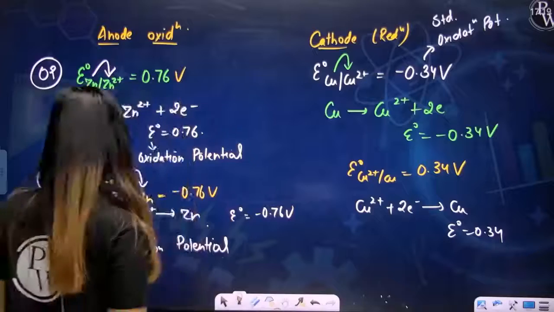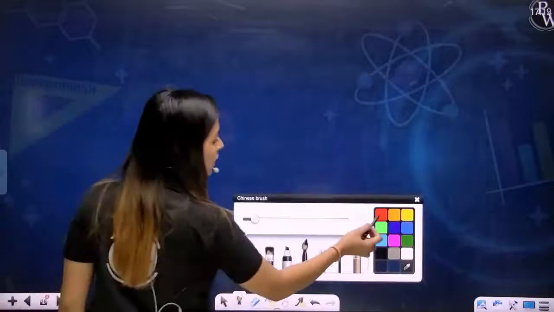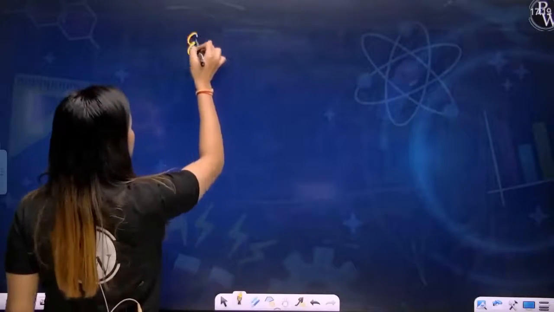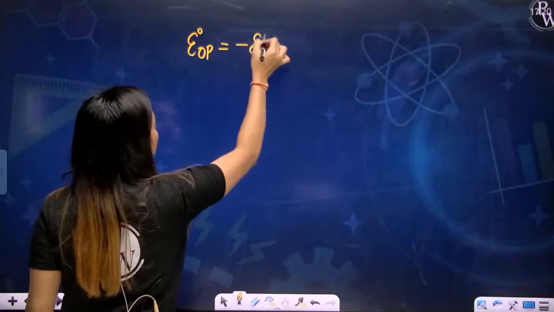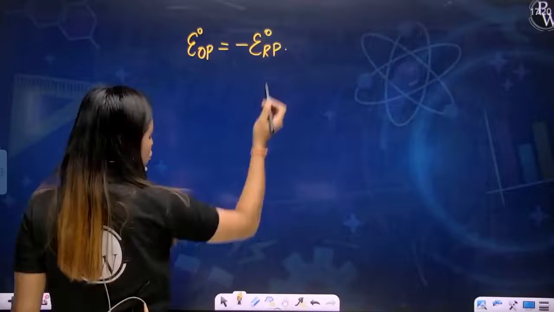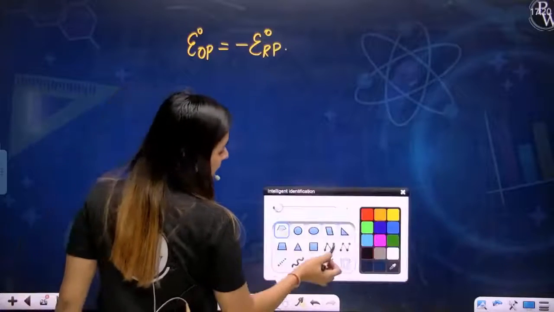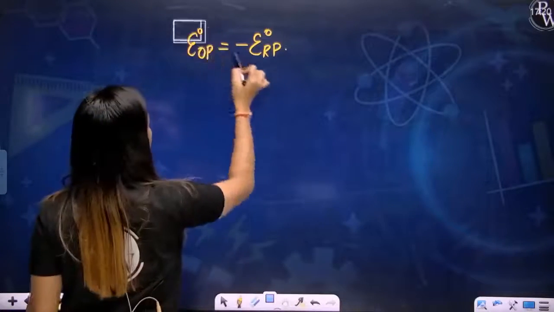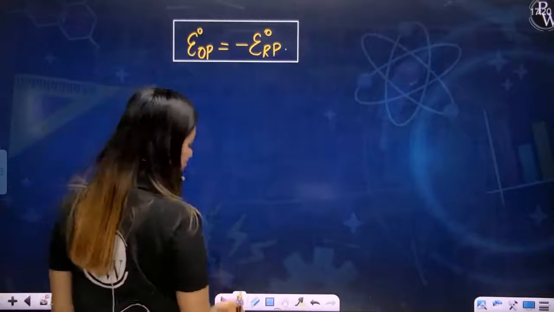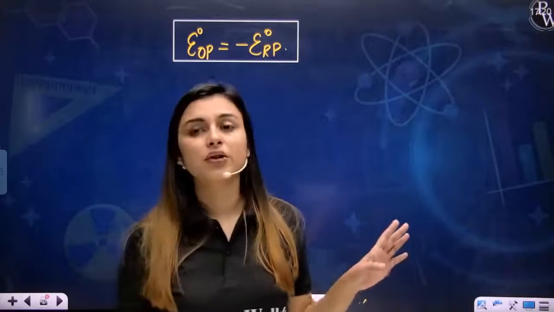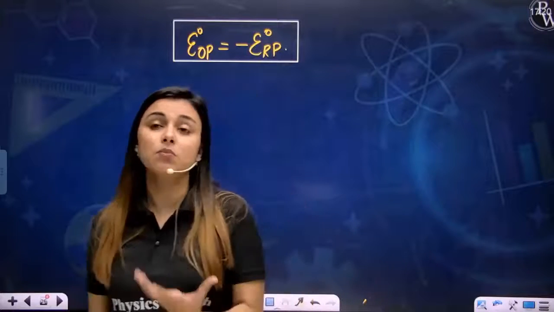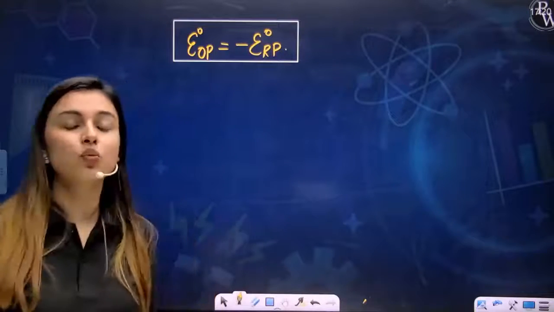From here, you have deduced a very important thing, that standard oxidation potential is always equal to the negative of reduction potential. So if you know any species' oxidation potential, you can find its reduction potential. If one of them wants to get oxidized, then it will not want to get reduced, right? Yes, this is the most important thing that we needed to find out.